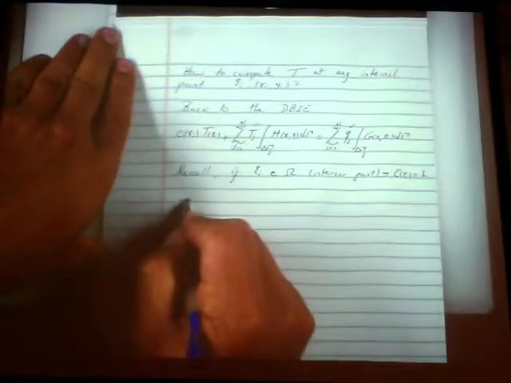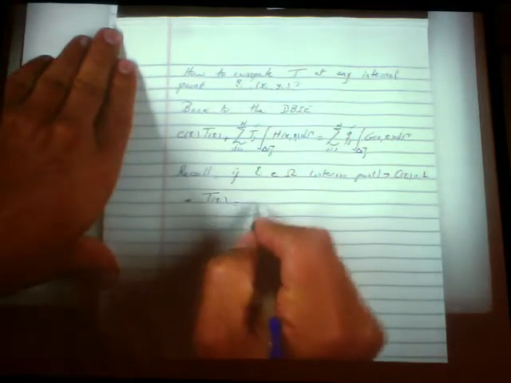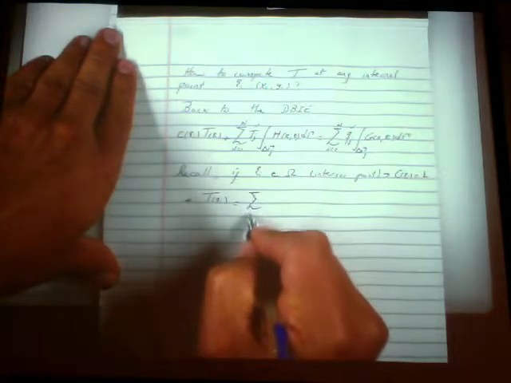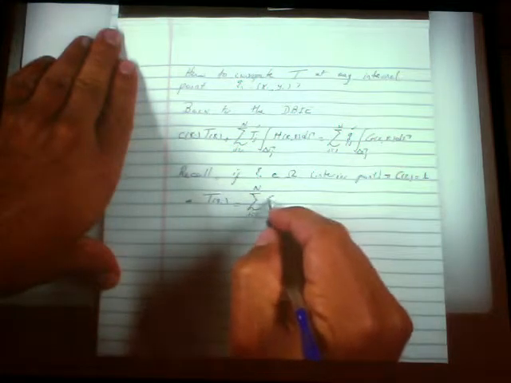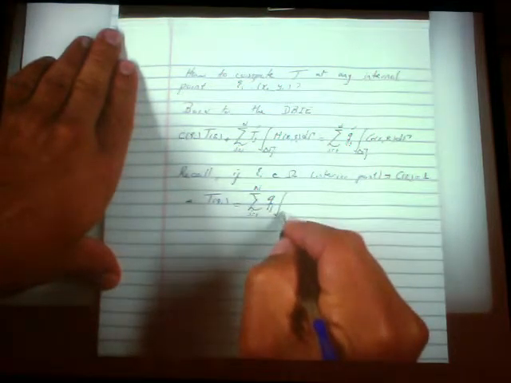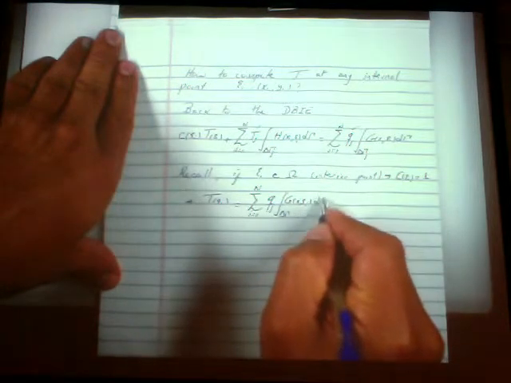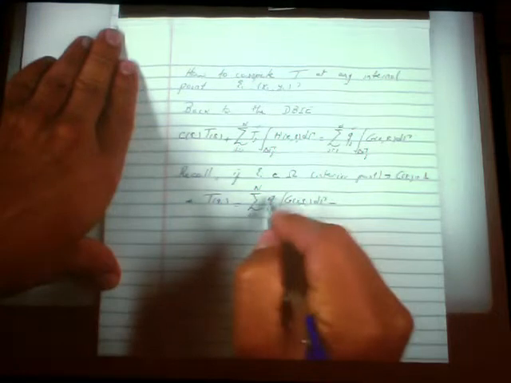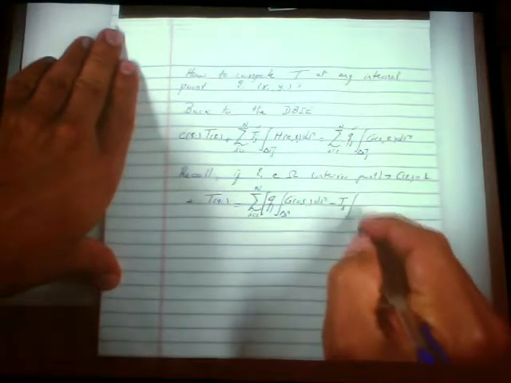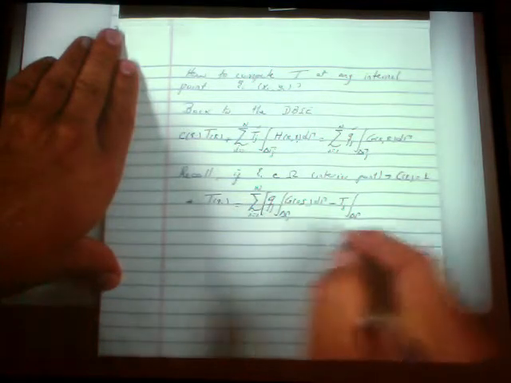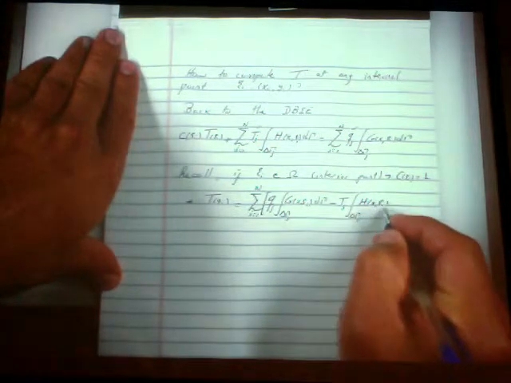And therefore, T at any interior point will be equal to the summation from j equals 1 to n of qj times the integral of g(x, psi I), minus, in brackets, tj times the integral of h(x, psi I).